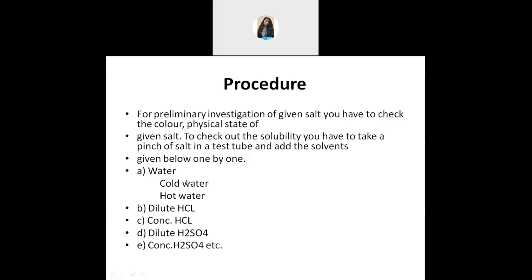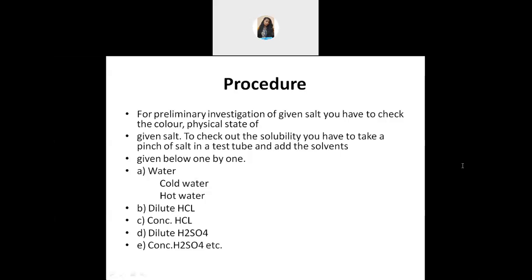If the salt remains in the test tube, meaning it does not dissolve in cold water, then you have to heat it. After heating, if the salt is soluble in hot water, then you write down that the solubility of that salt is in hot water.